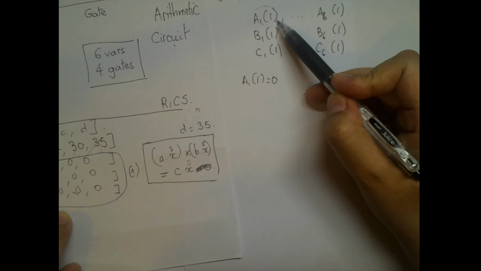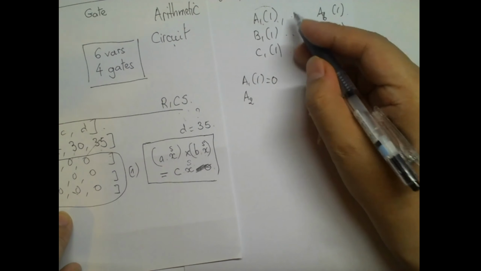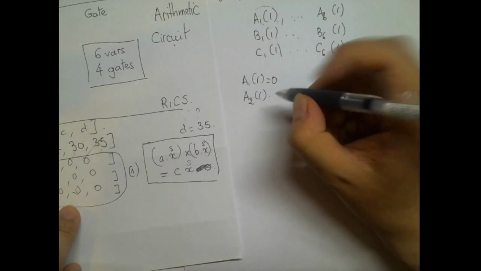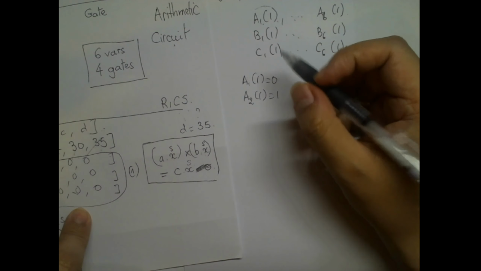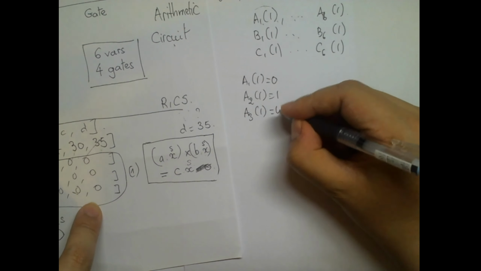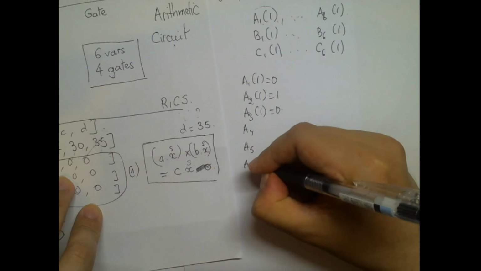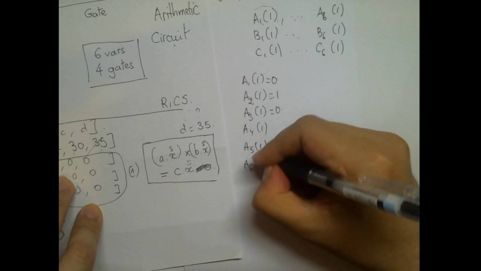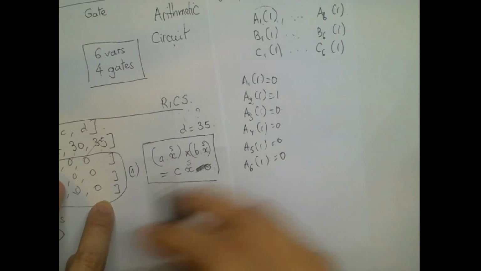And then we have a2 of 1, which has to match this term here, so it must be equal to 1. And then a3 of 1 is equal to 0, and a4, a5, a6 at 1 are all 0, so that it matches this guy.